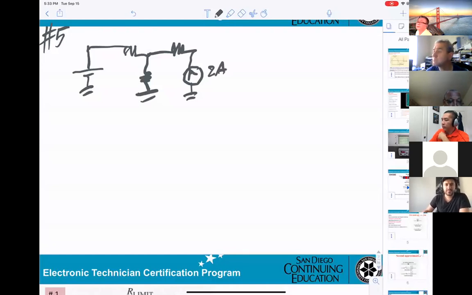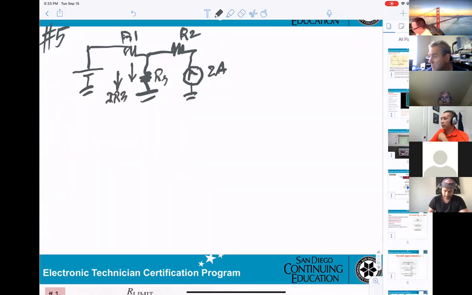So R1, R2, R3. That's what they want to calculate: IR1, IR2, IR3, and VB. Okay, so that will be IR3. That will be IR1. That will be IR2.